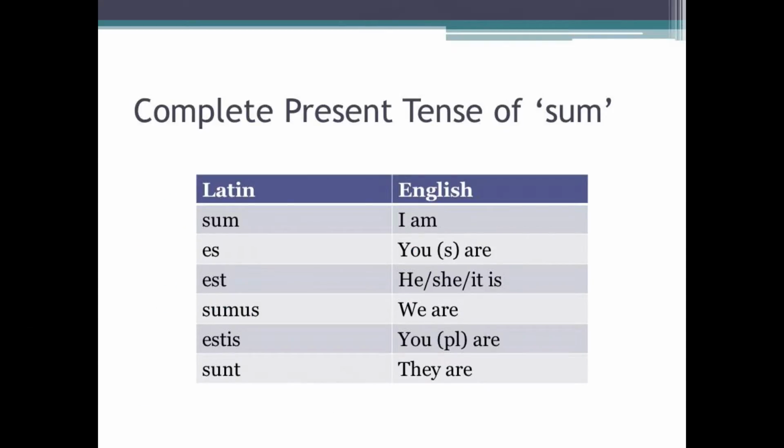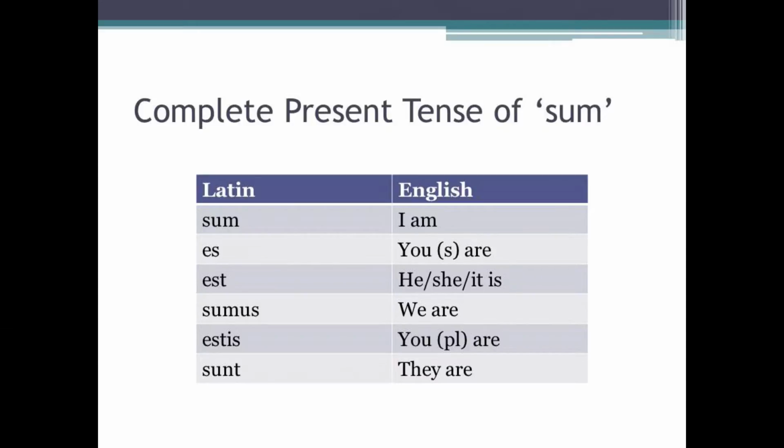Now, finally, before we have a look at some more vocab, let's just go through the complete present tense conjugation of the word sum. So sum is I am, es is you are, est means he, she or it is, sumus is we are, estis is you plural are, and sunt means they are.